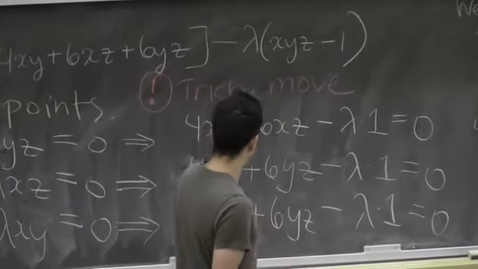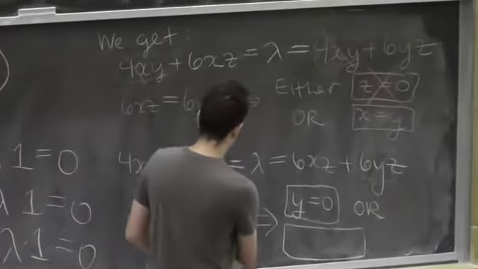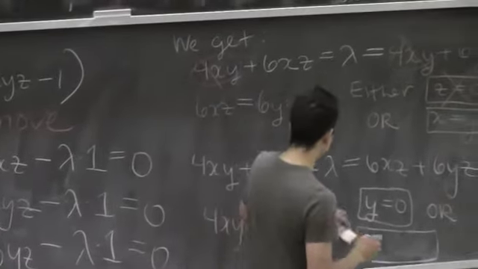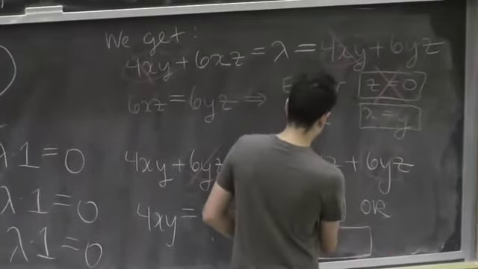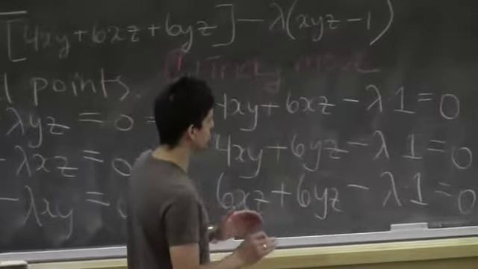6xz. Oh, yes. Thank you. Right, so either x is 0. This is the part of lecture where the dyslexia really shows.